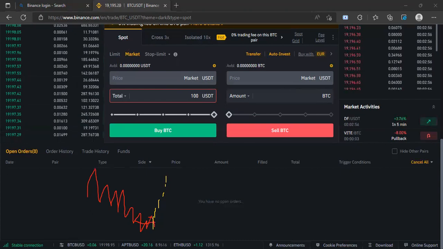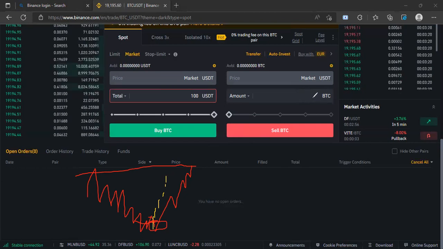Then all we have to do is put the amount of USDT which we want to buy on BTC, and price instantly buys us in on that spot. So if BTC goes up to let's say 30,000 and we want to sell, we just come here, put the amount of BTC we have, and say sell BTC. That executes at market price.